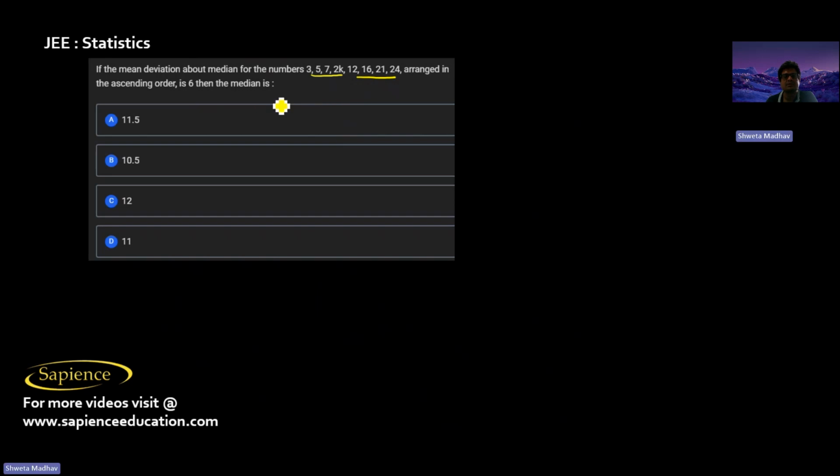The mean deviation about the median for these numbers is 6 when they are arranged in ascending order. So this is already arranged in ascending order. So 2k is more than 7 and less than 12. That means the k value should be more than 3.5 and less than 6.